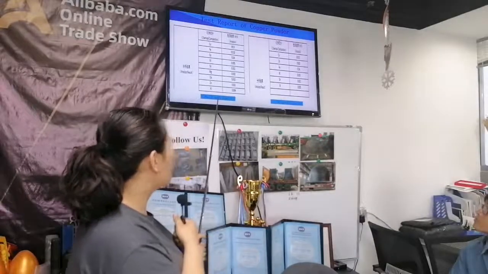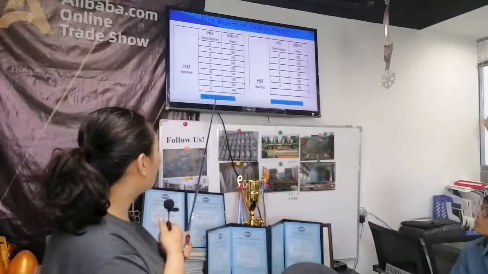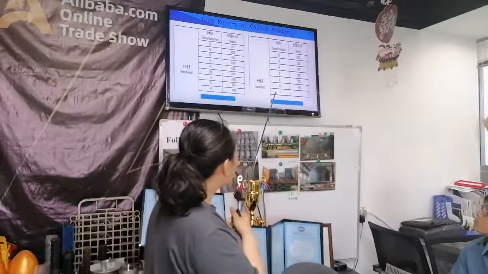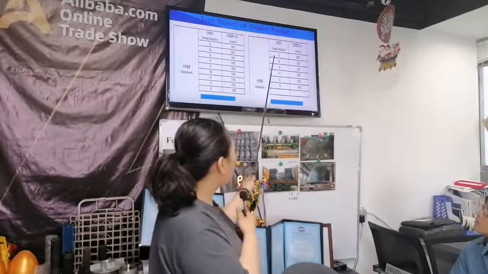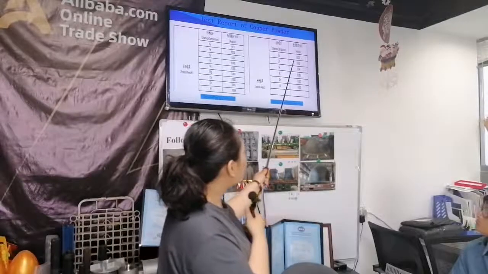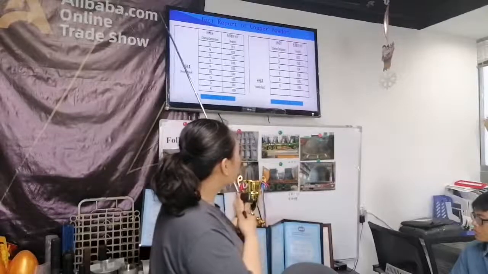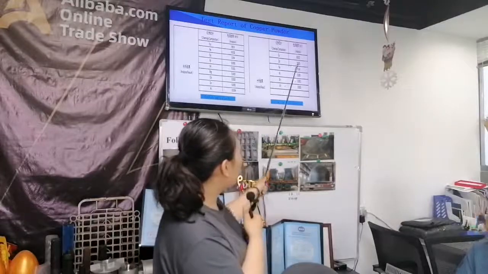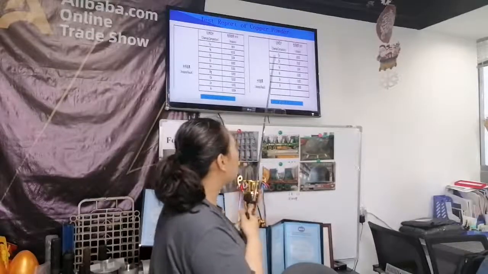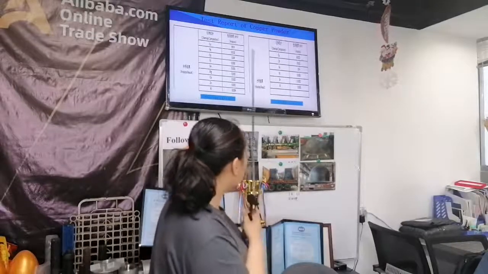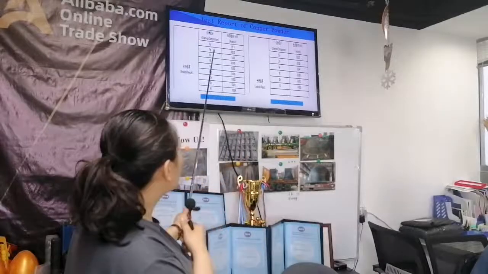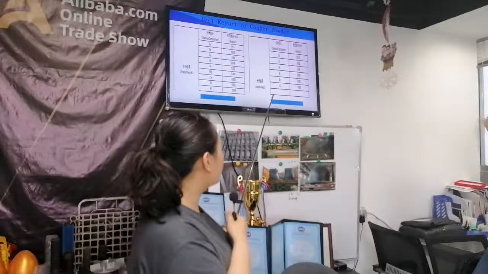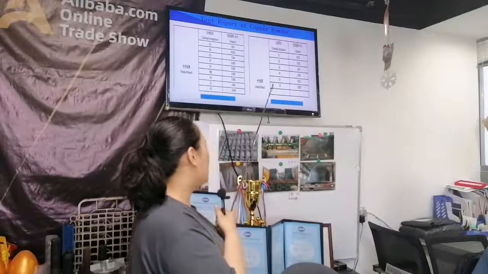This is the red copper powder, and this copper powder has 60 purity, and these have about 40. This is red powder, and this is round powder.